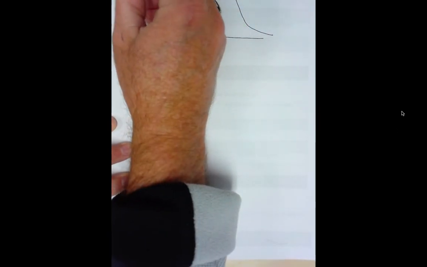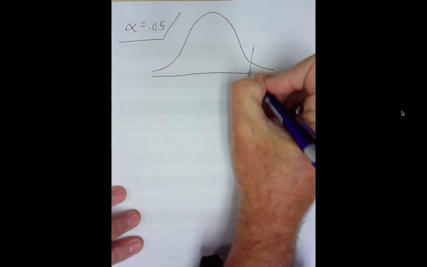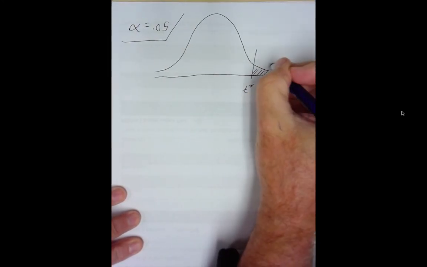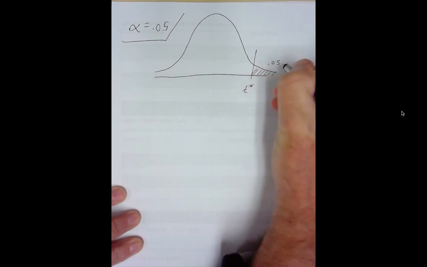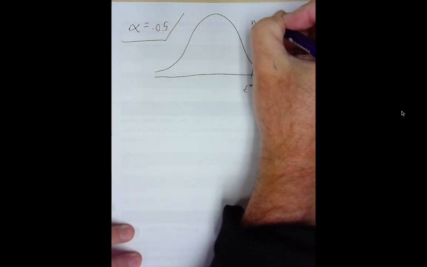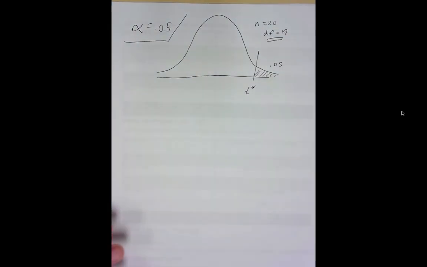So guys, for the first example, and for each of these, let's just assume that alpha is equal to 0.05. So what's the t critical for the distribution with 0.05 to the right? And again, guys, we have n equal 20. So that tells me that the degrees of freedom are equal to 19.